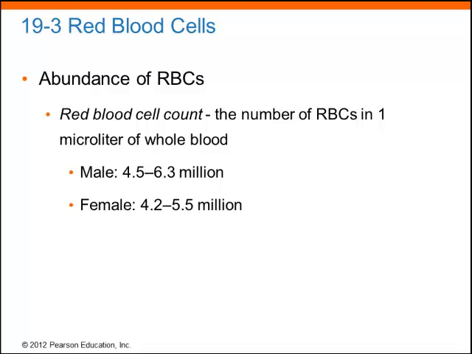A cubic millimeter. So a little tiny cube, a millimeter on each side. So try to imagine how tiny that drop of blood is, and then imagine 4 to 6 million red blood cells packed in that little tiny drop. 4.5 to 6.3 million per microliter in males, 4.2 to 5.5 million per microliter in females.